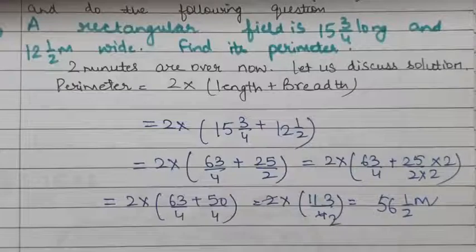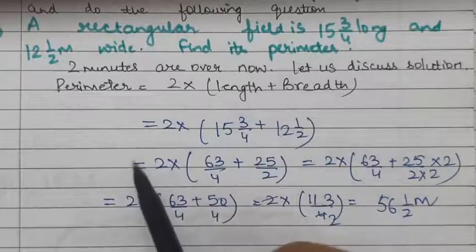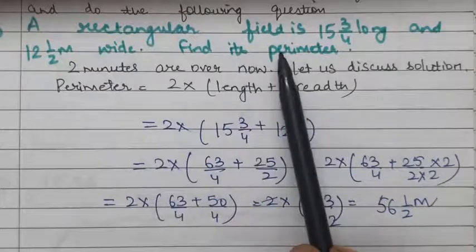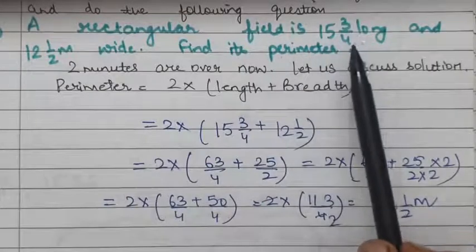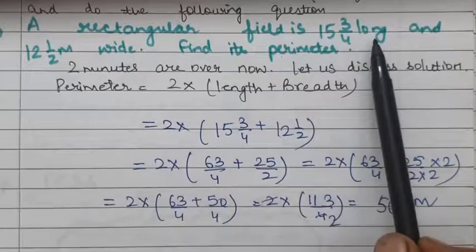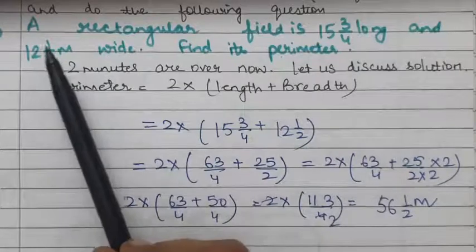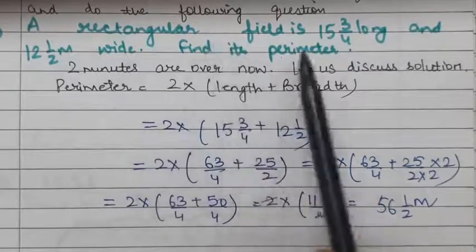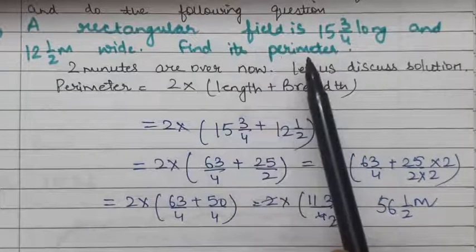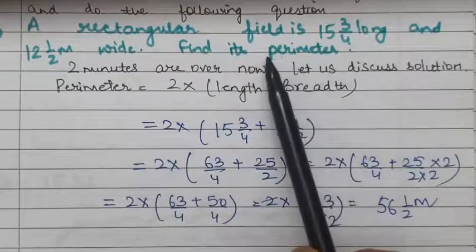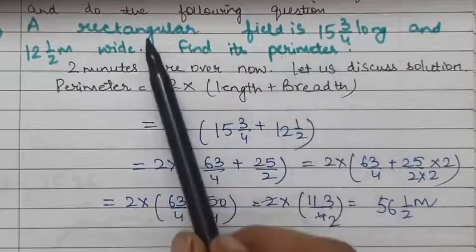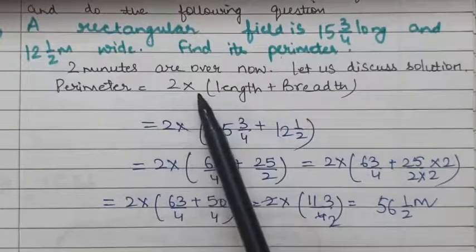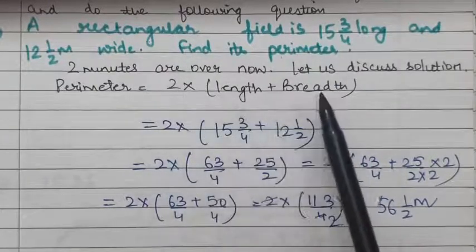Clear? Now the next question is: a rectangular field is 15 3/4 meter long and 12.5 meter wide. We have to find its perimeter. Now we know the formula for the perimeter of a rectangle is 2 into length plus breadth.